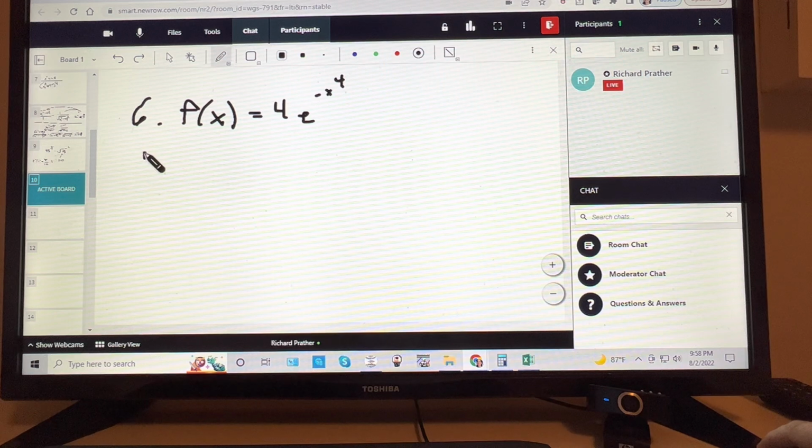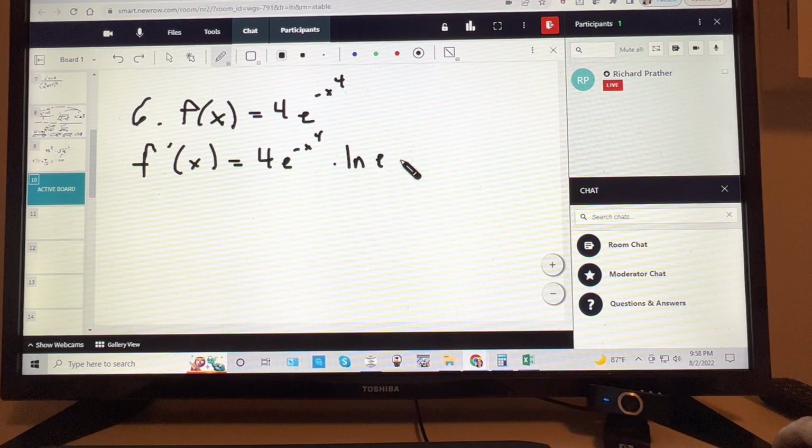So first derivative, remember the main rule about exponentials is you first write it down exactly as it is, and then it gets multiplied by ln of the base, but that's the nice one when it's ln of e.